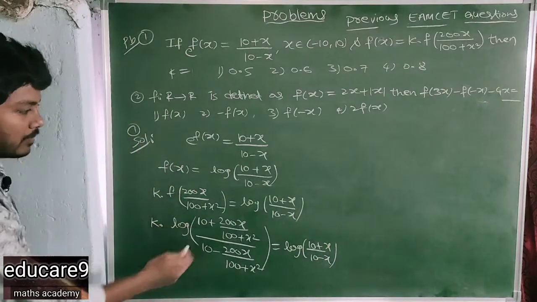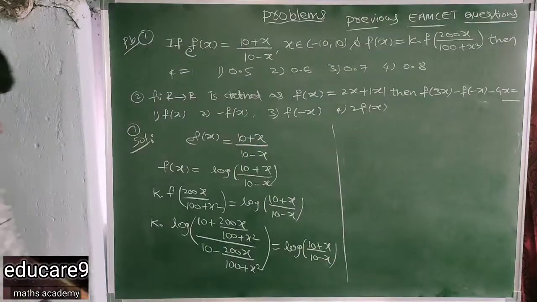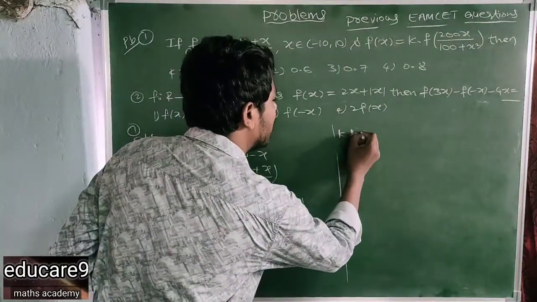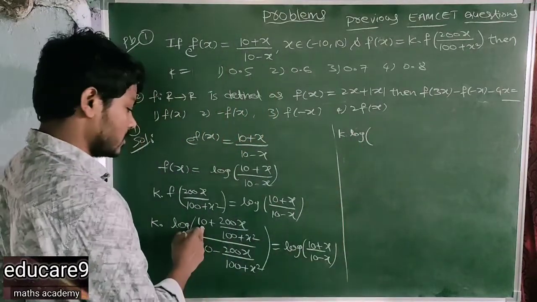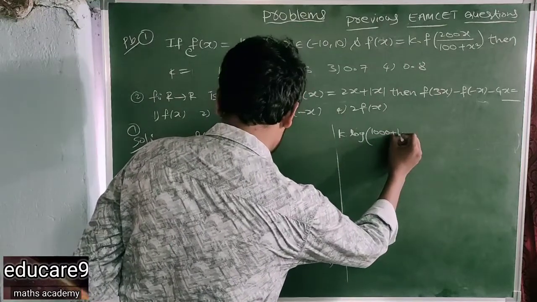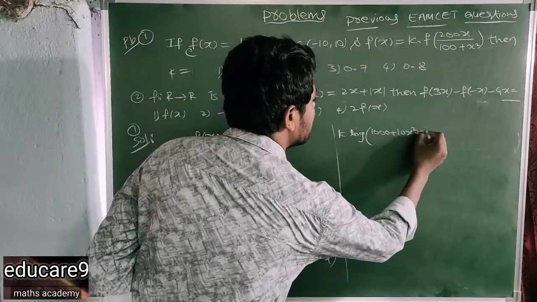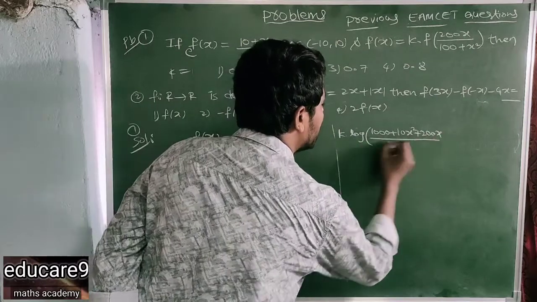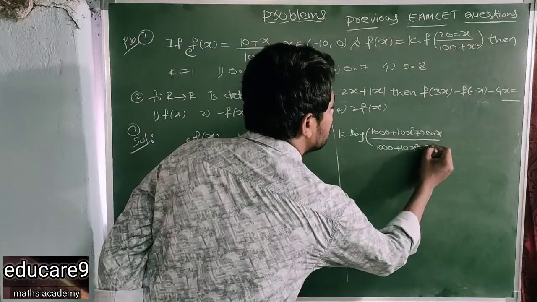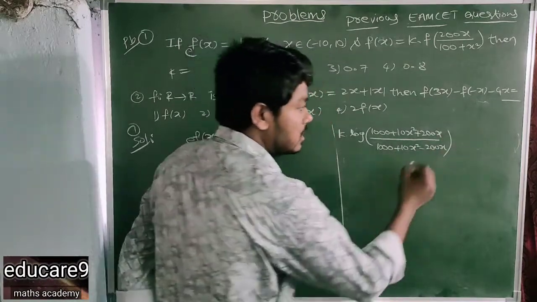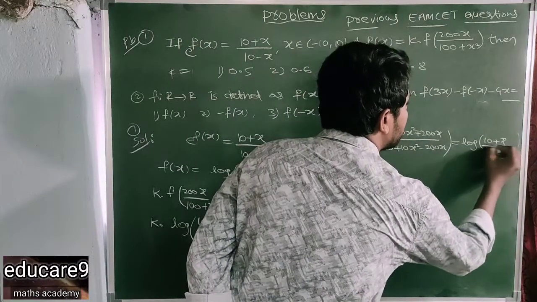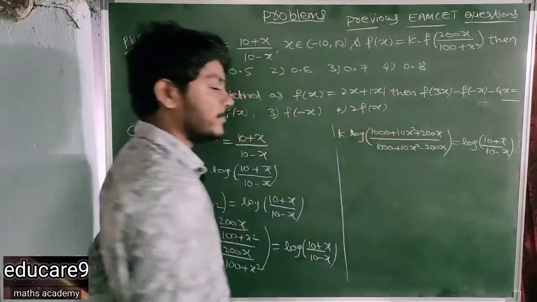Now take the LCM. So what do you get? Here k times log of (1000 + 10x² + 200x) divided by (1000 + 10x² - 200x) is equal to log((10 + x)/(10 - x)).